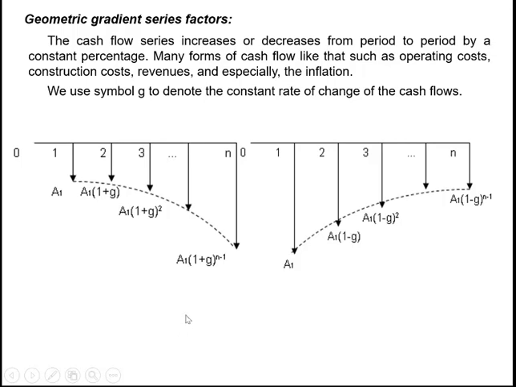So calculating the equivalent values of money of these cash flows depends on the interest rate and the rate that the cash flows increase or decrease. That means it depends on small i and small t.